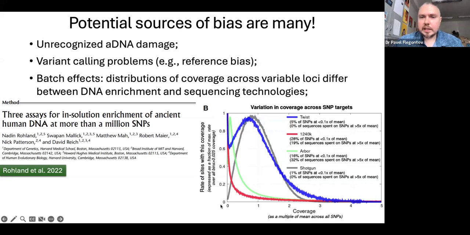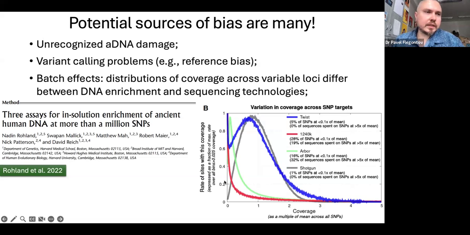So for getting good coverage on, let's say, 500,000 sites using this panel, we should sequence very deeply, actually. But Twist in blue has a profile which is much closer to that of shotgun genomes.